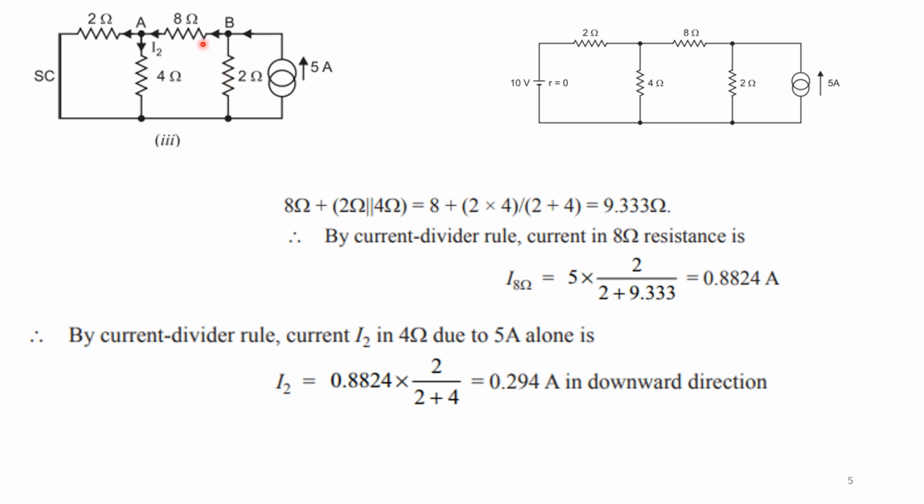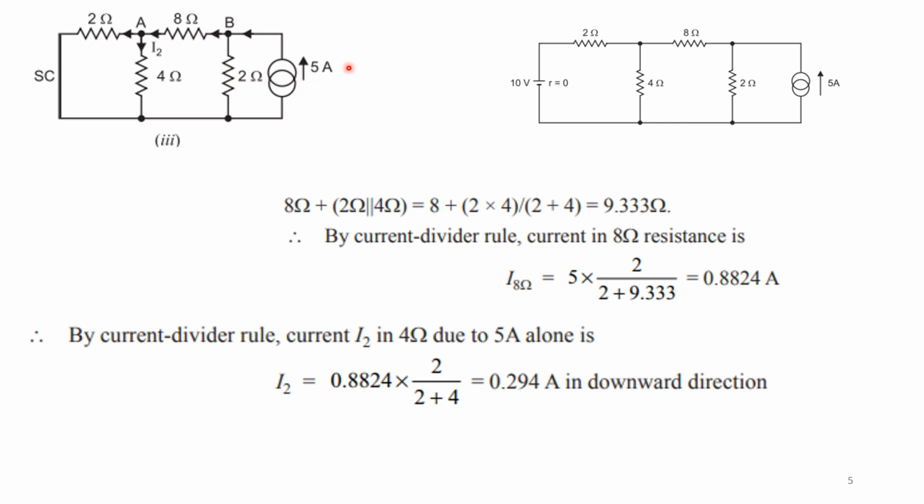So the current through the 8 ohm: 5 amps is coming here. I am applying the current division rule. Total current 5 amps is coming here. One goes through the 2 ohm resistor branch, another through the 8 ohm resistor. So I need to find the current through this 8 ohm resistor. The opposite resistance is 2 ohm.